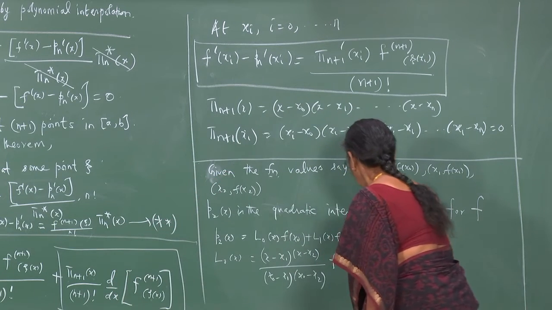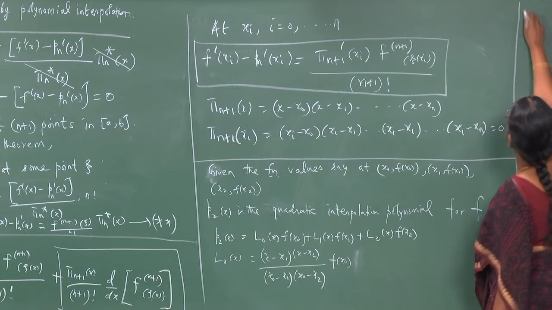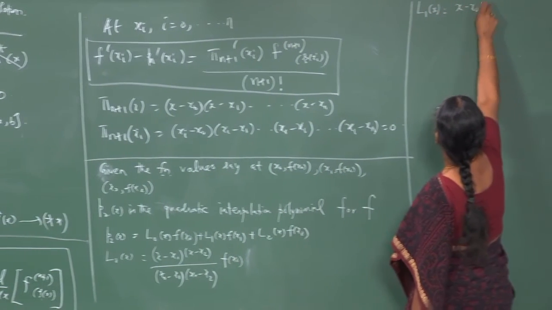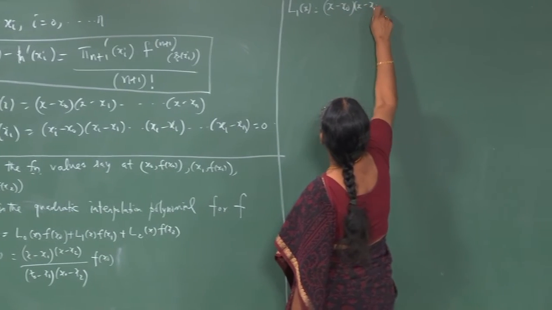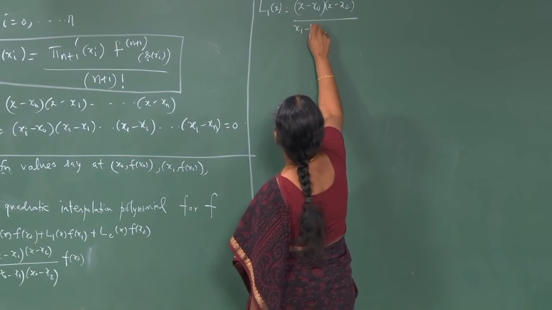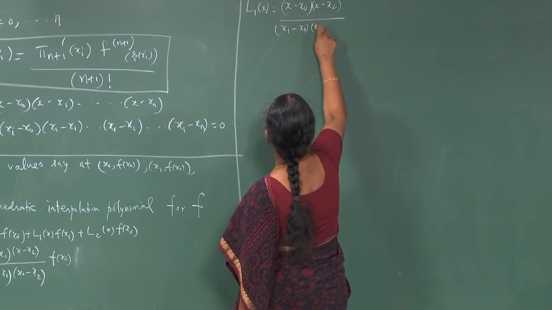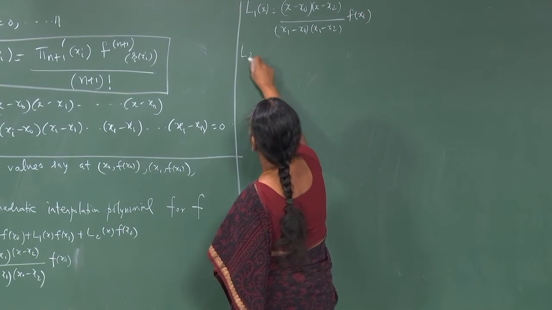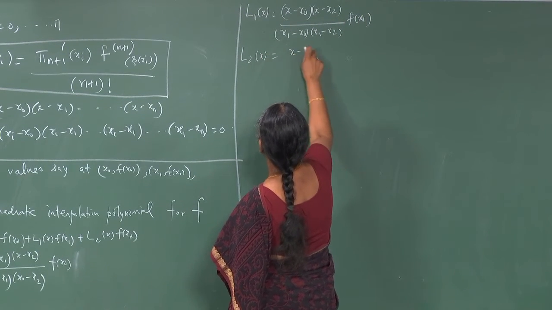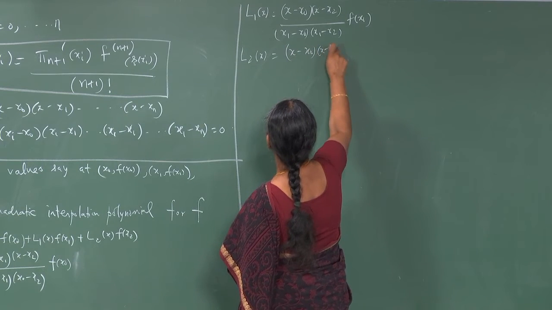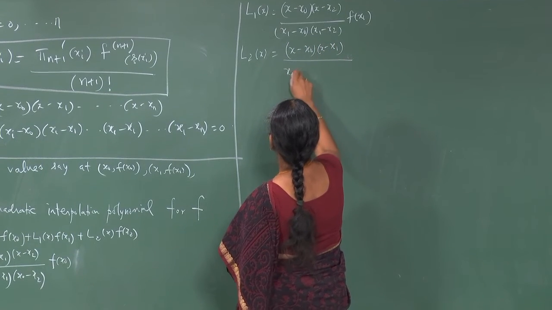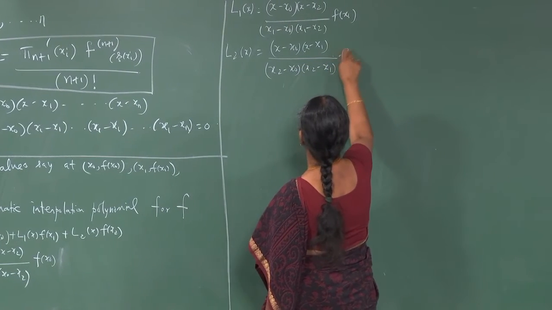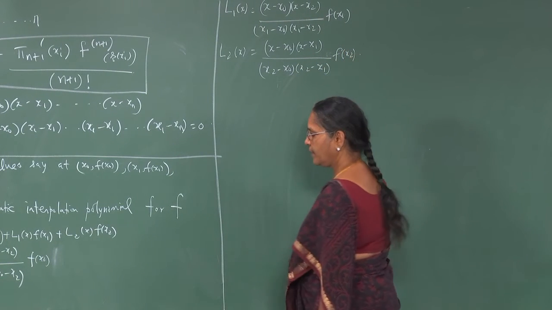L1 of x will be (x minus x0) into (x minus x2) divided by (x1 minus x0) into (x1 minus x2), into f at x1. L2 of x is (x minus x0) into (x minus x1) by (x2 minus x0) into (x2 minus x1), into f at x2.